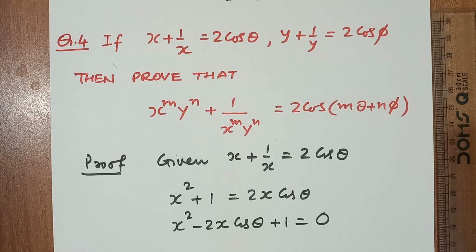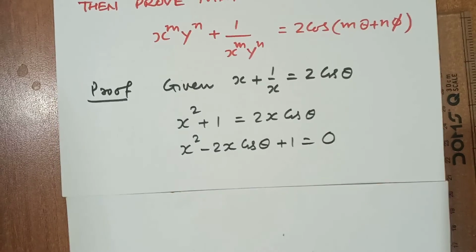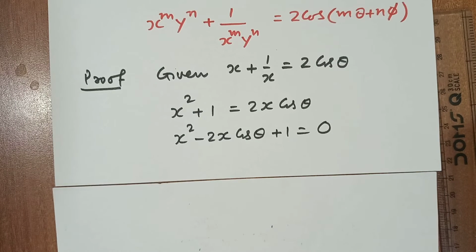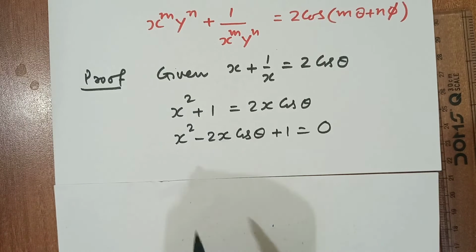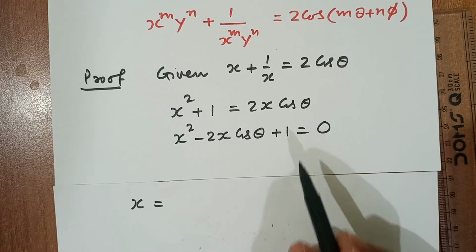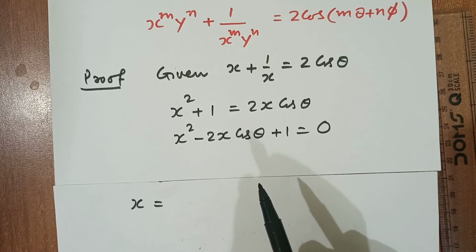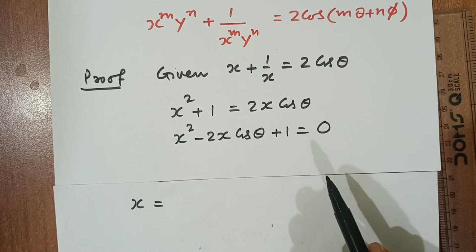So this is very easy because this is a quadratic equation in x. So by Sridharacharya method, for ax square plus bx plus c equal to 0, x is equal to minus b plus minus square root of b square minus 4ac upon 2a.